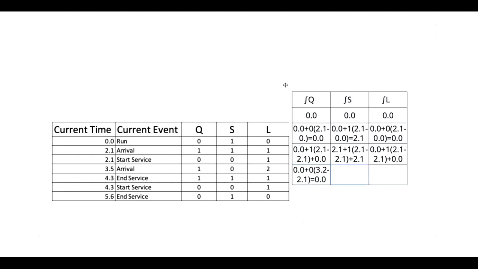For S, we're still at 2.1. And now for the number in the system, we have the previous sum plus the previous value times 3.5 minus 2.1, which is the elapsed time, and that comes out to 1 times 1.4, I believe.